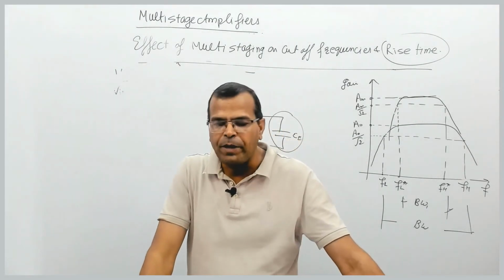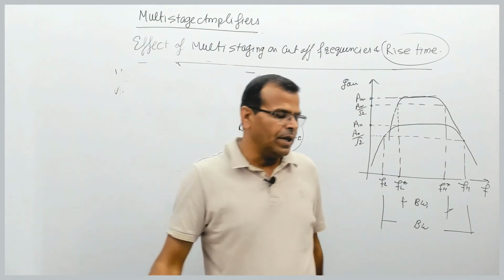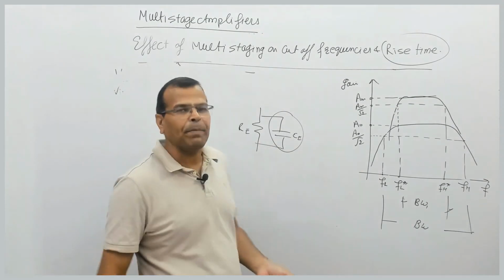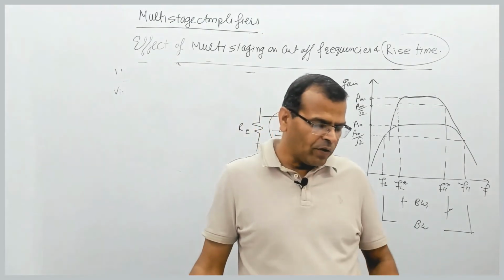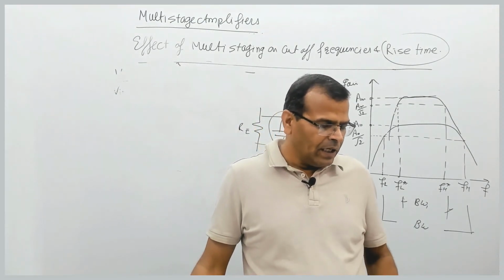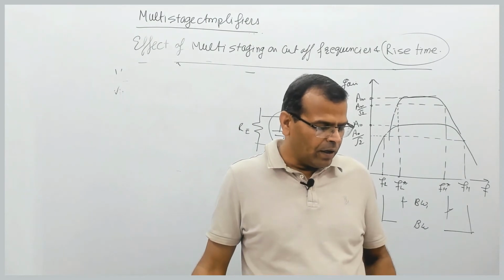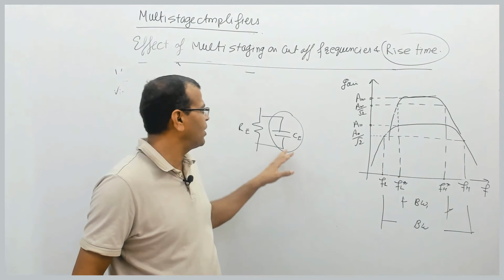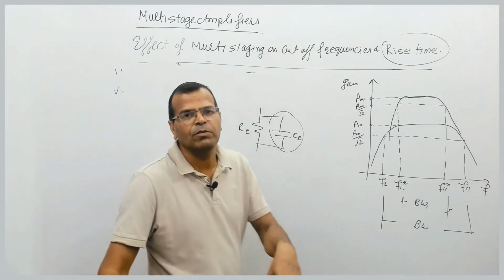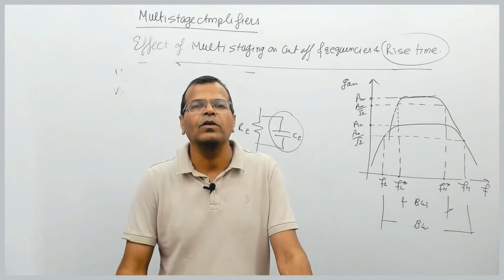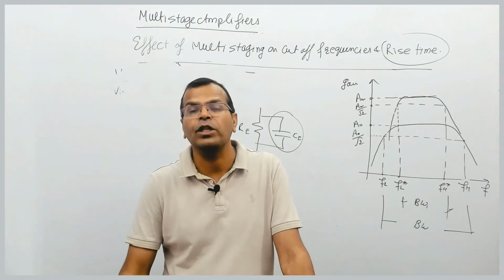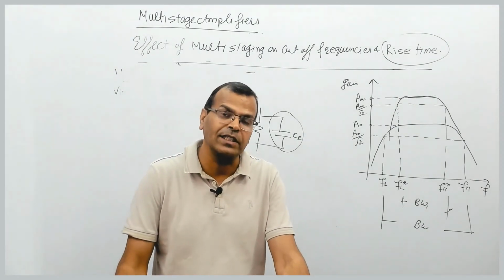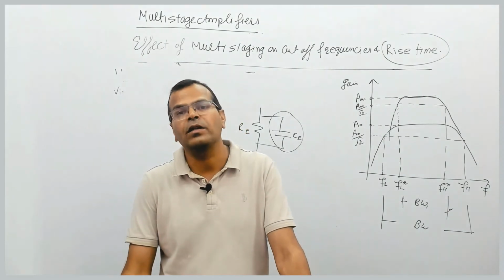This emitter bypass capacitor is basically an electrolytic capacitor. The purpose of using an electrolytic capacitor is that it gives high capacitance per unit volume, so the size will be small. So electrolytic capacitors are mostly used, and this is again an objective type question in the engineering services exam, not for GATE.